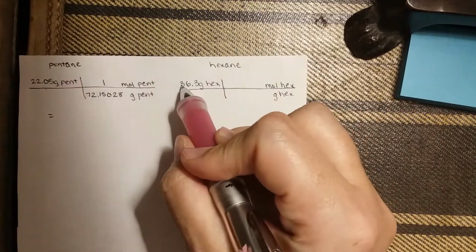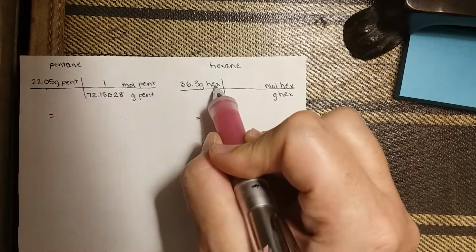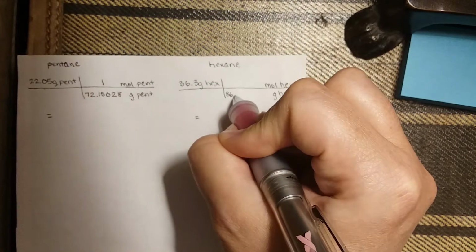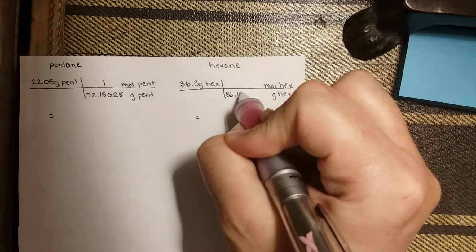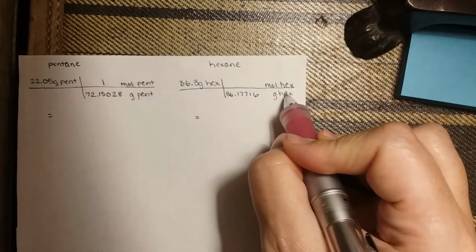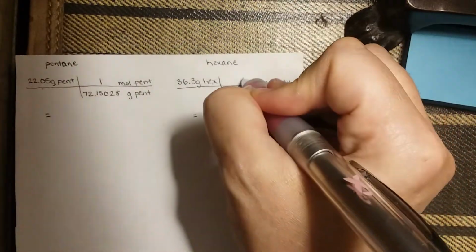Similar deal, 36.3 grams of hexane, and we found 86.17716 grams of hexane equals 1 mole of hexane.